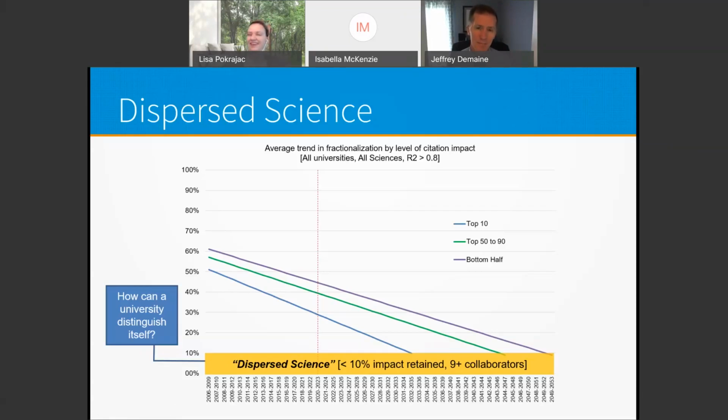And as we saw, the blue line is steeper than the less collaborative, the less cited research, which looks like this. So in 10 years, the blue line is going to hit the yellow zone and become dispersed, when Waterloo or some university retains 5% of the impact.